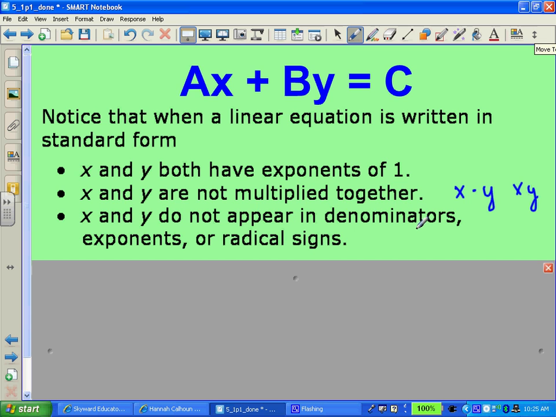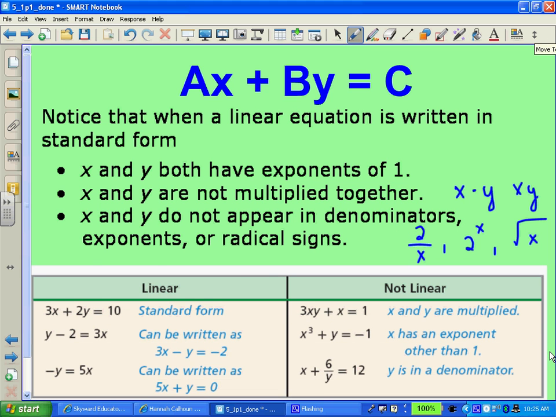Remember, that means the bottom of a fraction, so you couldn't have something like 2 over x. They can't be exponents, so that would be something like 2 to the x power. And they can't be underneath a radical sign. Remember, a radical sign is just a square root sign. So if you see them in the denominator, exponents, or radical signs, you know it's not linear.